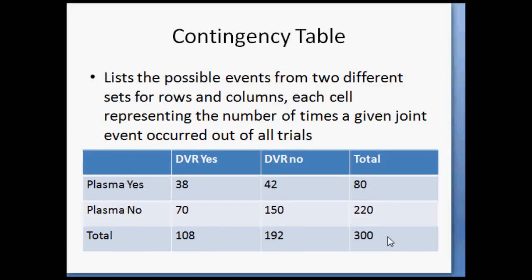So remember, let's just look in general real quick. What's the chance I just buy a DVR? It's 108 out of 300. So it's basically 1/3. Okay, that would be our marginal probability.